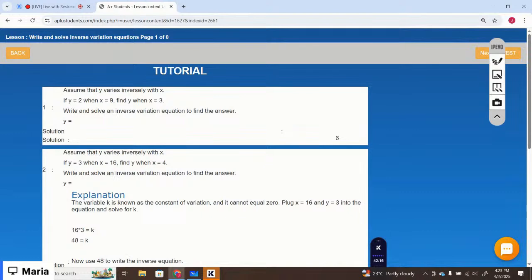Assume that y varies inversely with x. If y equals 2 when x equals 9, find y when x equals 3.